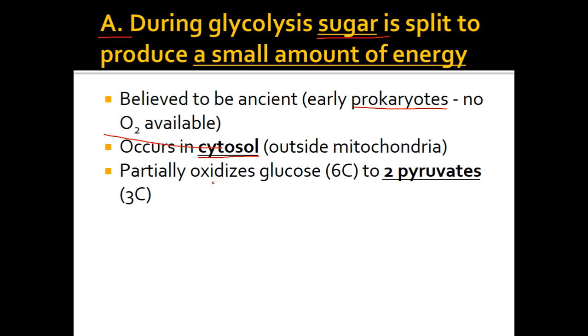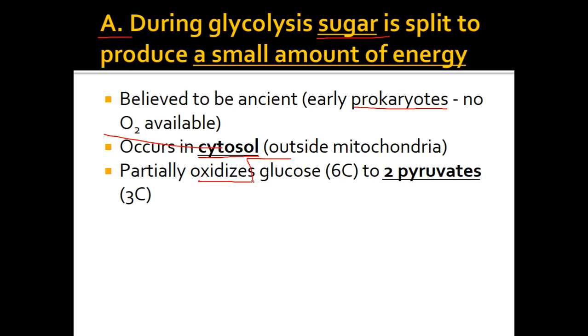And what happens here is that glucose gets partially oxidized. If you remember back to when we were talking about oxidation and reduction, you think about this, glucose is actually getting oxygens added to it. That's one way to think about this, maybe the simplest way to think about it.